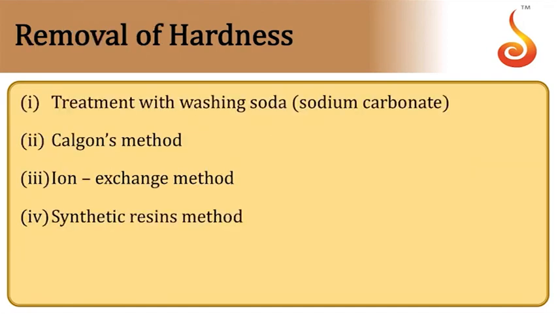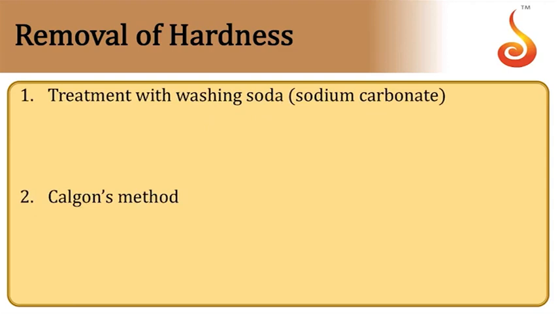Now, how to remove the permanent hardness? Different methods are there: treating with washing soda, that is sodium carbonate, Calgon process, ion exchange method, and synthetic resin process. Four different methods are there.